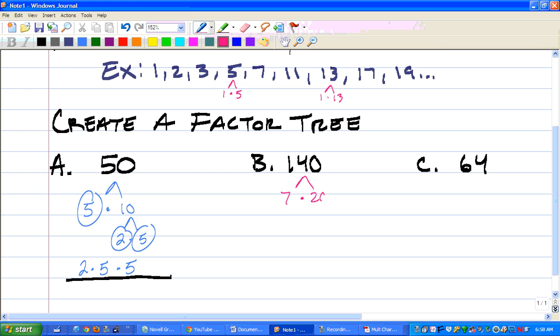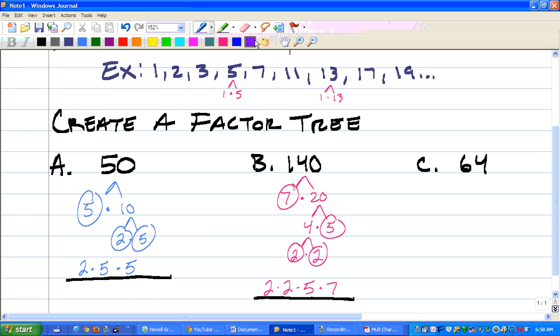Well, 7 is a prime number. 20 can be broken down to 4 times 5, and 5 is a prime number. 4 is broken down to 2 times 2, and those are prime numbers. So our final prime factorization is 2 times 2 times 5 times 7.